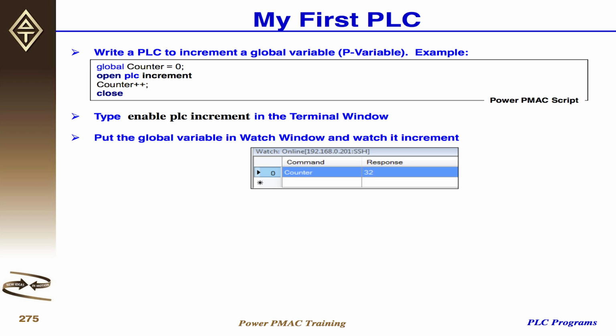So all this PLC will do is every time it gets a chance to run in background, we'll increment that counter by 1. And you can enable it by typing enable PLC increment in the terminal window. So let's, as a quick hands-on, try downloading this and running it from your IDE project.